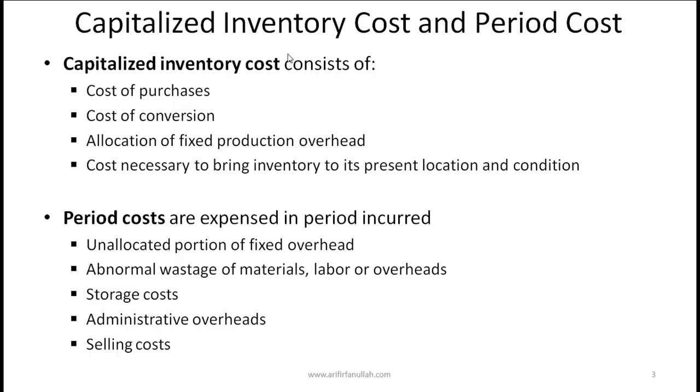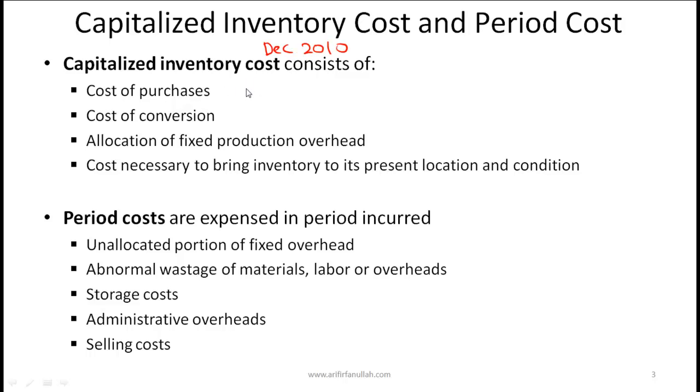Now, in the context of inventory, most costs are capitalized, but some might also be expensed. So you need to understand this distinction very well because this is a high probability exam question. So let's say that when you buy inventory in 2010, so let's say all this action is happening in December 2010.